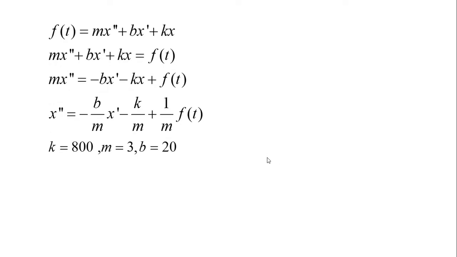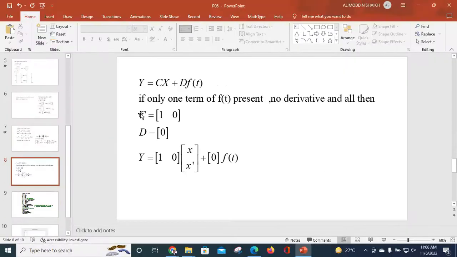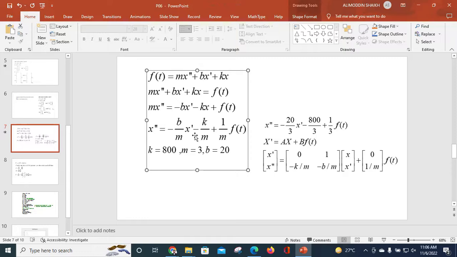For that, we will do some rearrangement. The f of t equation is m d2x by dt square plus b x dash plus k x. If we divide each term by m, the equation becomes x double dash is equal to minus b by m x dash minus k by m x. Here the term x will come, I will make a correction.